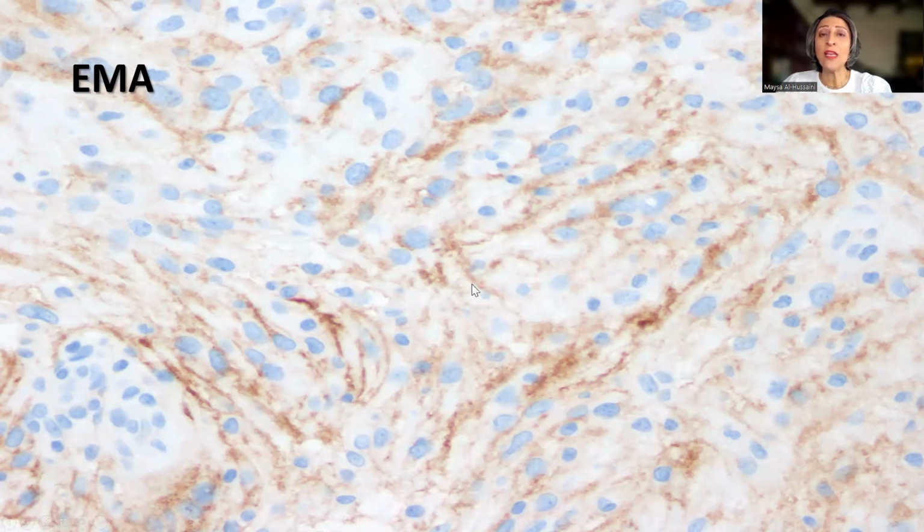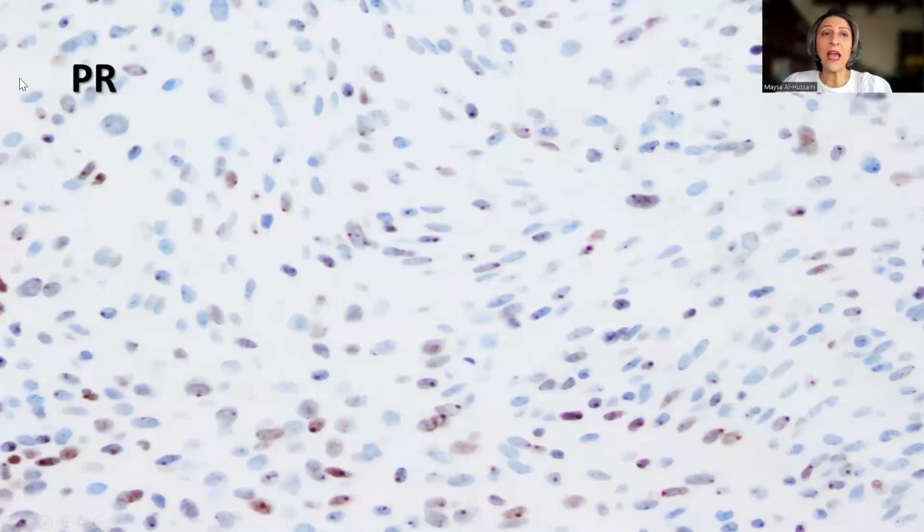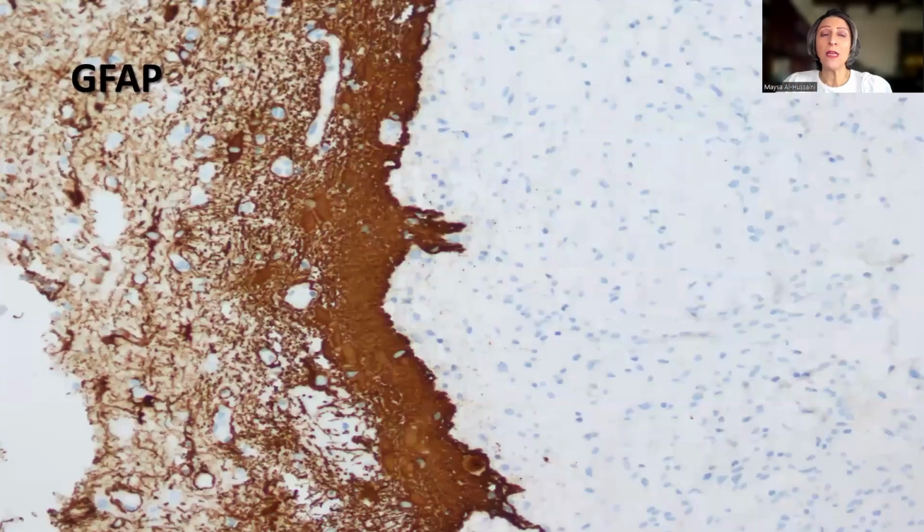So we have to really pay attention to the pattern of immunostain. It's not only positive or negative staining. And then we have the PR staining, which is positive, shows nuclear staining in some of the tumor cell nuclei. Both of these would support that this is a case of meningioma.